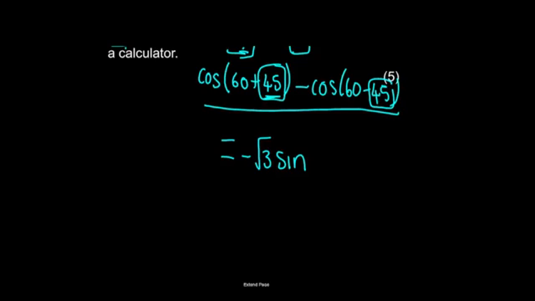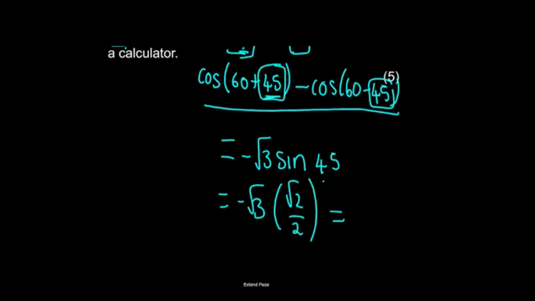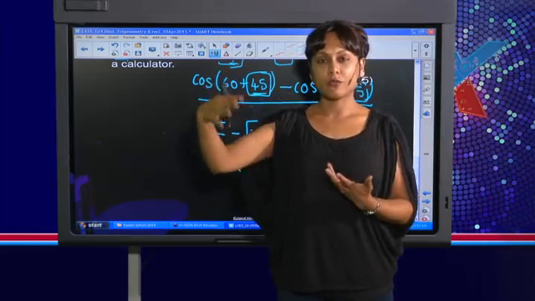So this will be minus root 3 sine of 45. Sine of 45, 45 is a special angle. That is root 2 over 2. We multiply that and we get minus root 6 over 2. It's exactly what you should have gotten using your first part.